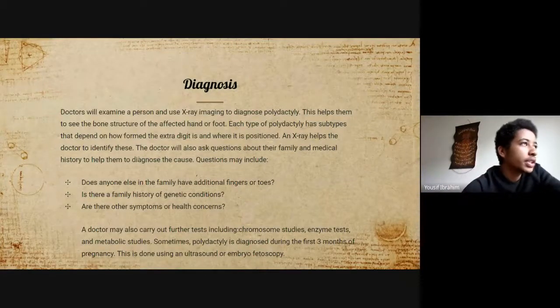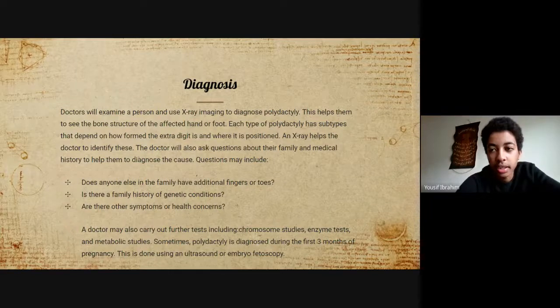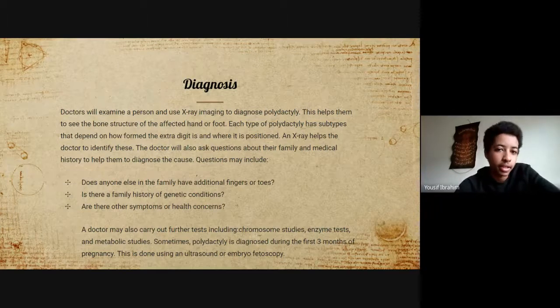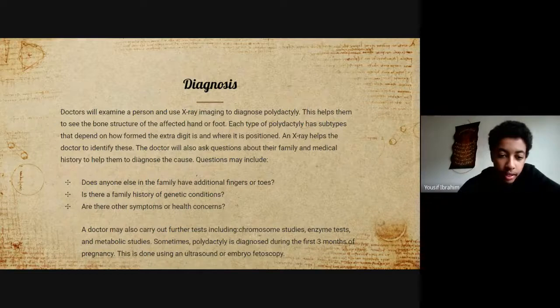Diagnosis. It's a pretty straightforward diagnosis. The doctors will examine the extra appendage, and they will put it under x-ray to see where the extra appendage stems from. The x-ray may help the doctor identify these. And the doctor will also ask questions about their family and medical history to help them diagnose the cause. Questions may include, does anyone else in the family have additional fingers or toes?